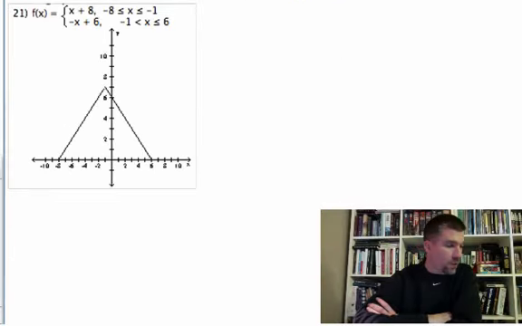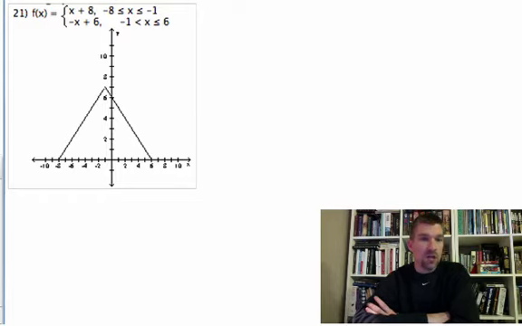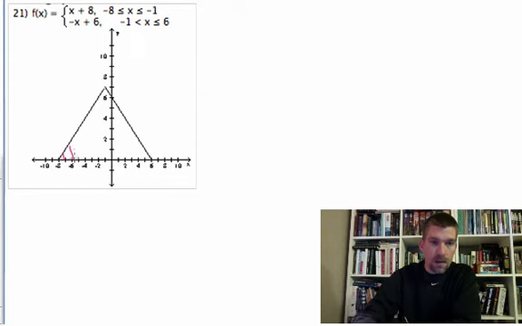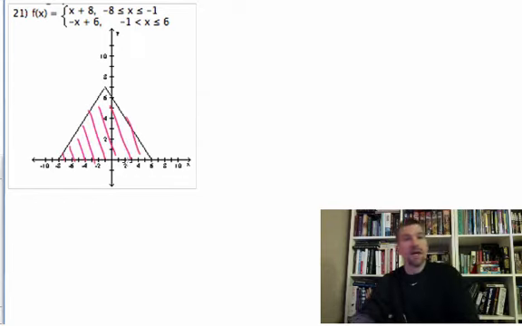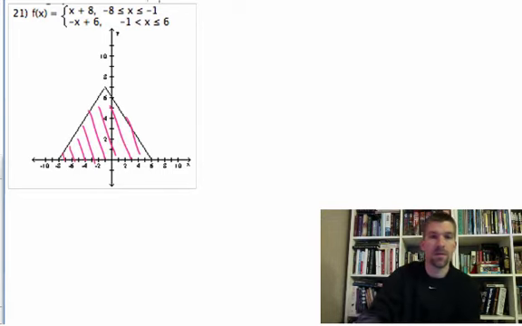All right, number 21 says find the average value of the function without integrating, by using geometry. So I've got a triangle shape here, and in order to find the area of this triangle, I need a base and a height. My base runs from -8 to 6.